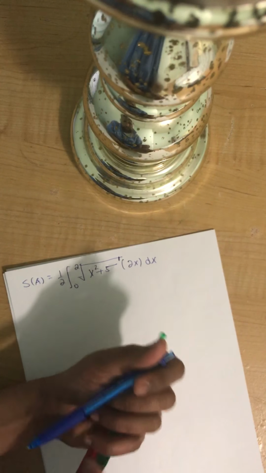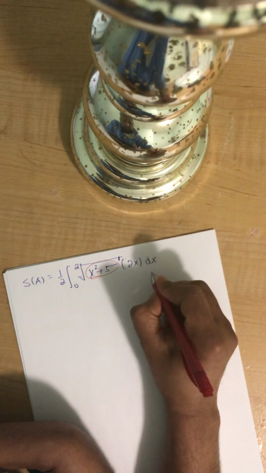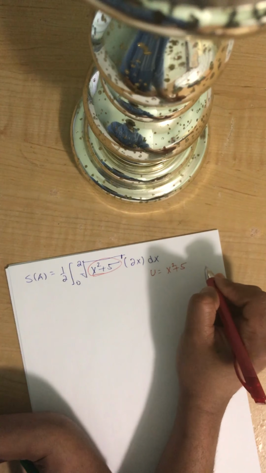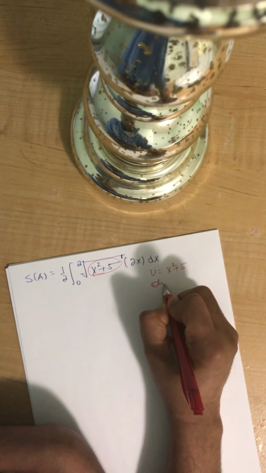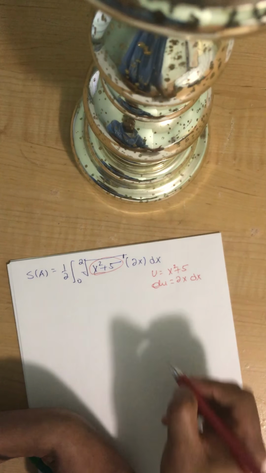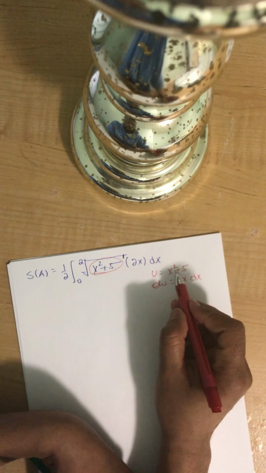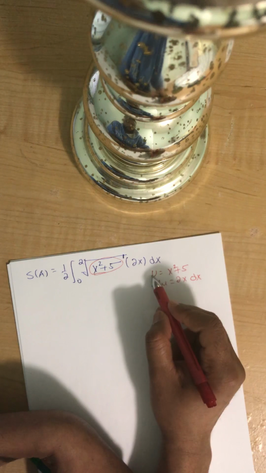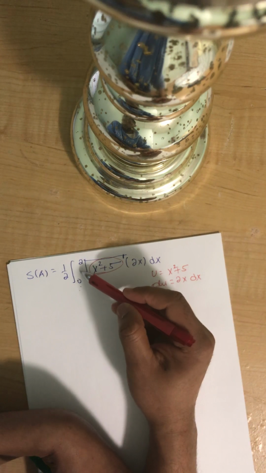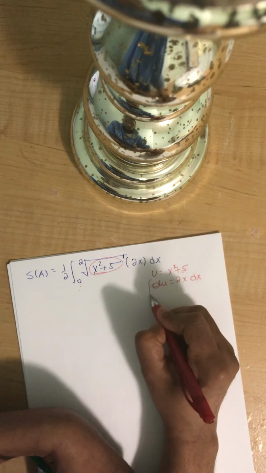So I'm going to substitute x squared plus 5 by u. All right, du is equal to 2x dx. And since I'm substituting this function by u, those boundaries only work for the x variable, so I'm going to change the boundaries using this function that I have.